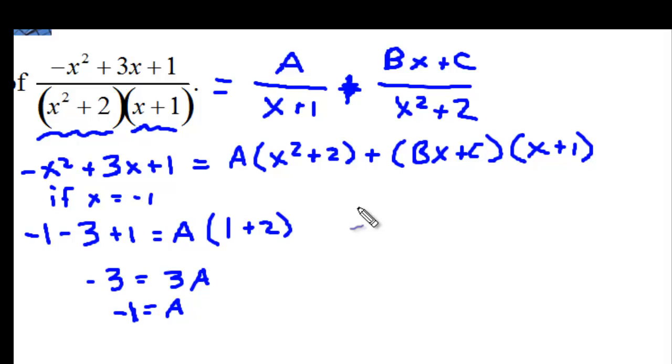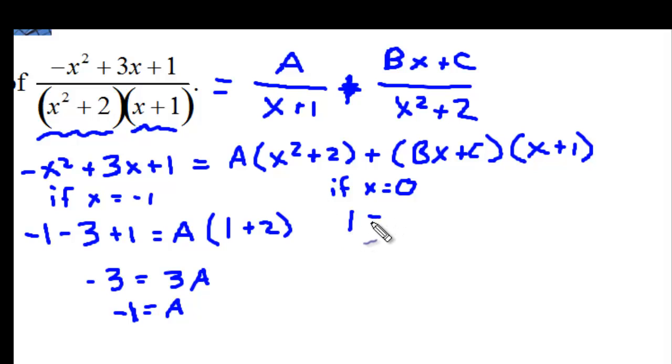Now we can use that in our next equation. Next one we're going to pick, we can't pick a real number here to make the a go away because there is no factor. This is a parabola that shifted up 2 points and never crosses the x-axis, so there is no real 0 there. So we're going to pick another one. We'll pick a simple one. We're going to say that if x is equal to 0, and that works really nicely on the left-hand side because we have 0 plus 0 plus 1.